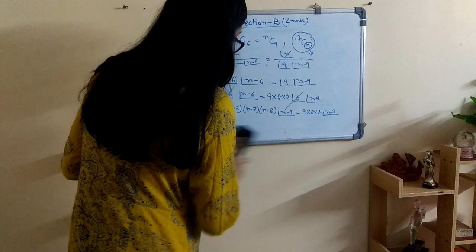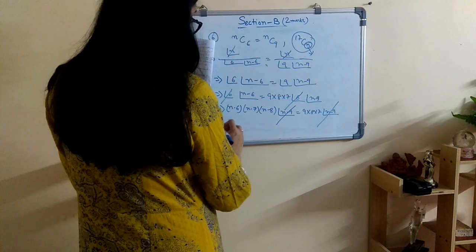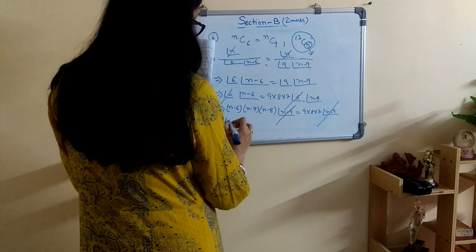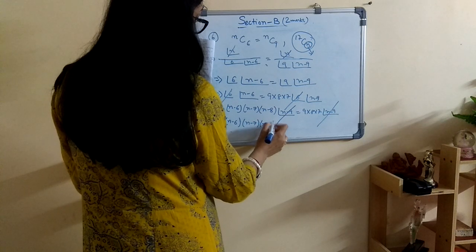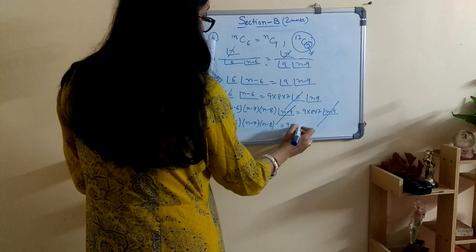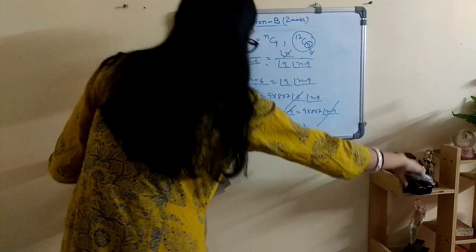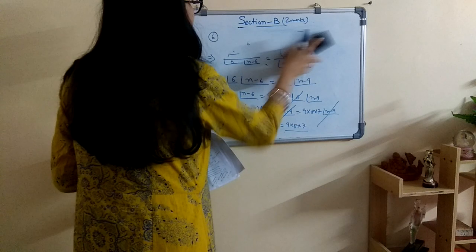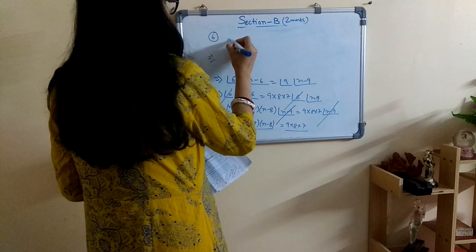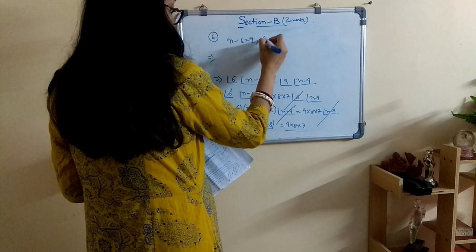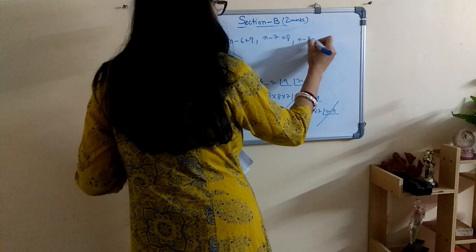So here we will cancel out factorial n minus 9 on both sides, and by comparing we are left with n minus 6, n minus 7, n minus 8 on the left hand side and 9 into 8 into 7 on the right hand side. By comparing the left hand side with the right hand side, we can write that n minus 6 equals 9, n minus 7 equals 8 and n minus 8 equals 7.